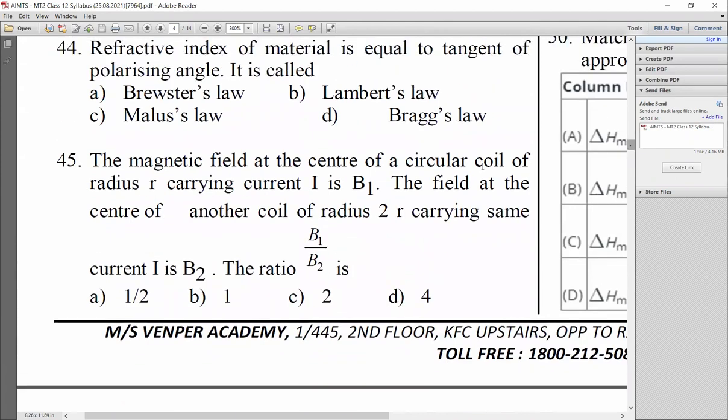The magnetic field at center of a circular coil of radius r carrying I is B1. The field at the center of another coil of radius 2r with same current I is B2. Ratio B1 by B2. So there are two coils. Let's say this is coil 1, this is coil 2.